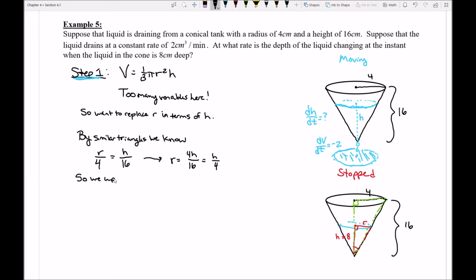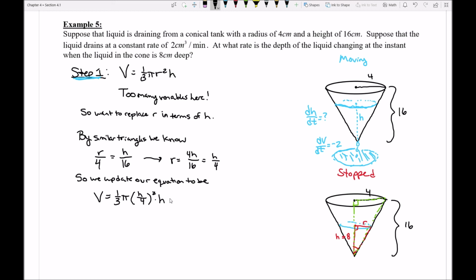So we update our equation to be volume is equal to 1/3 pi h over 4, again going in place of r, should now be squared, times h.